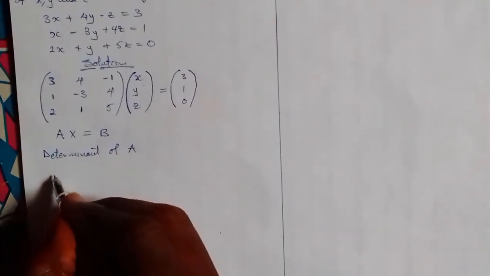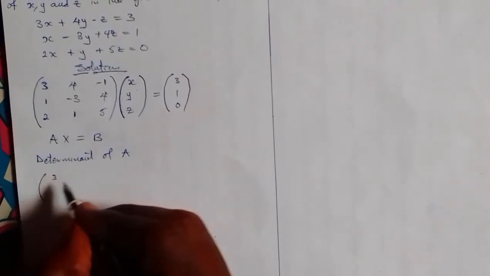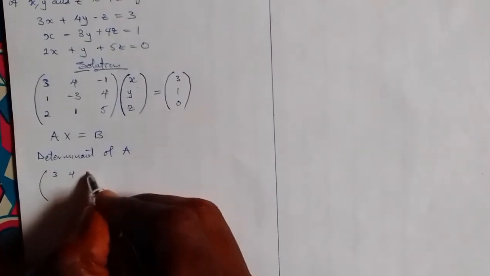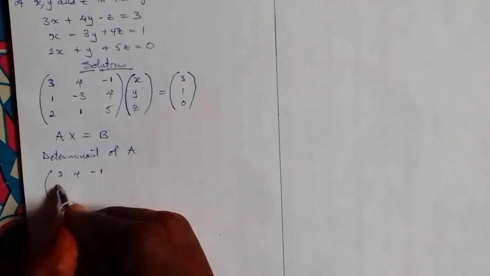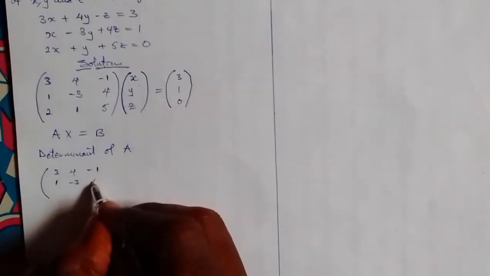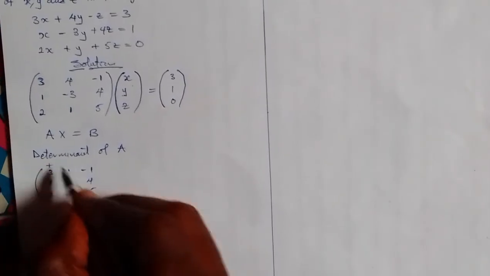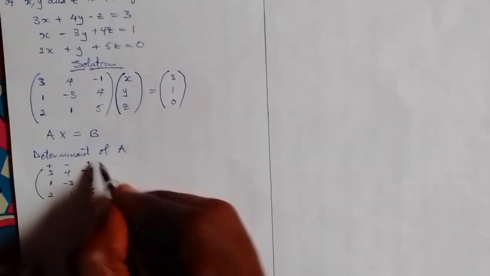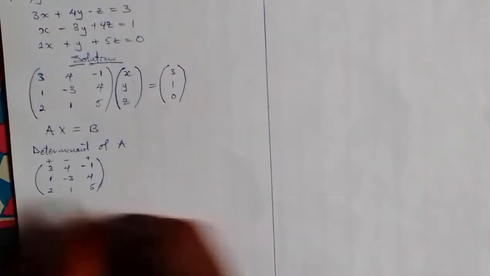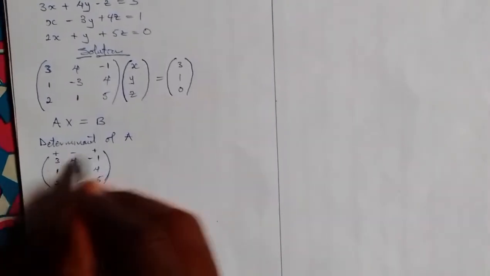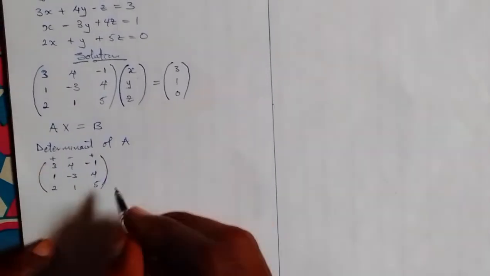And when we are finding the determinant of A, we have to assign signs to the first row of the 3x3 matrix. And that is, you see, this is plus, this is minus, and this is plus. So we pick the first sign, which is plus 3.